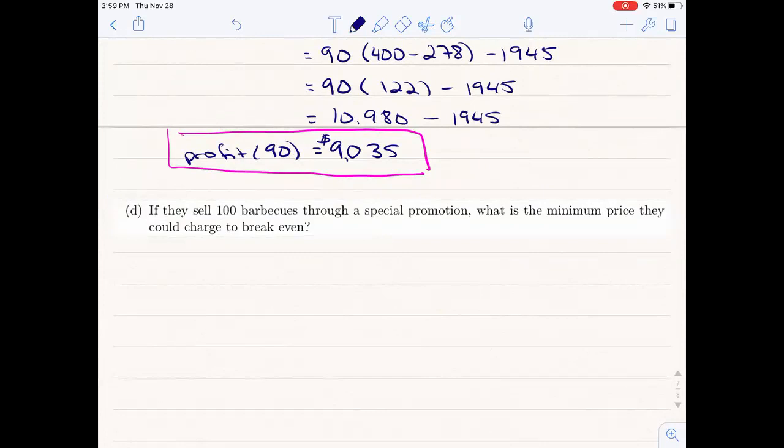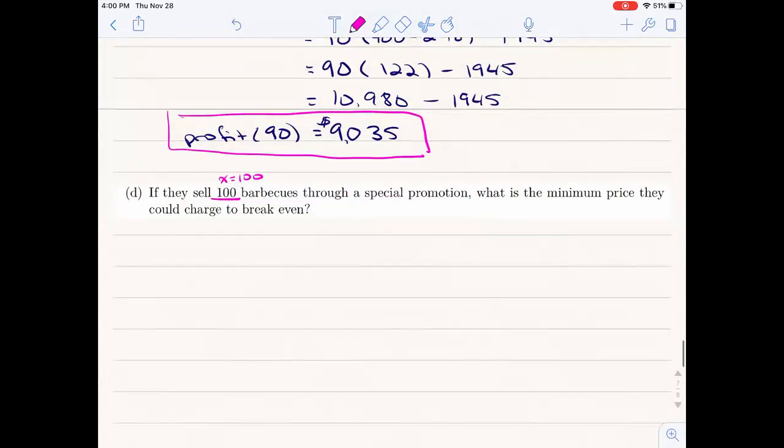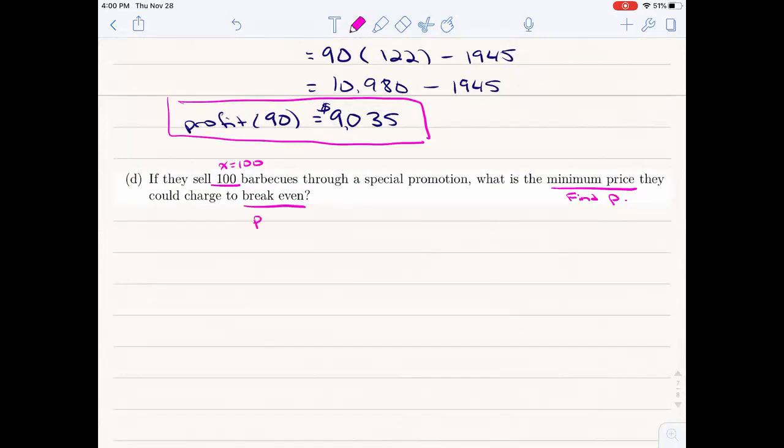So now we're told that X is 100. Find P. Break even is when profit is 0.